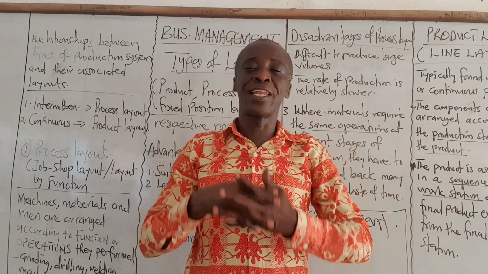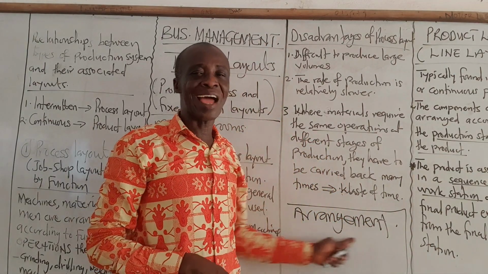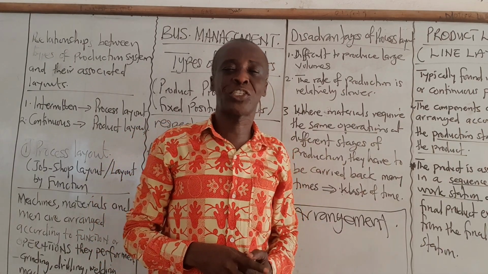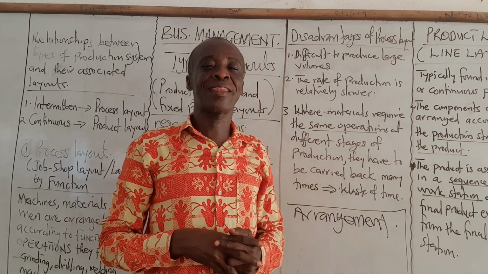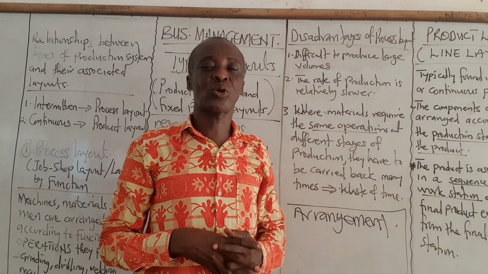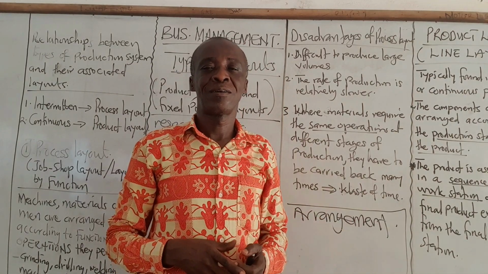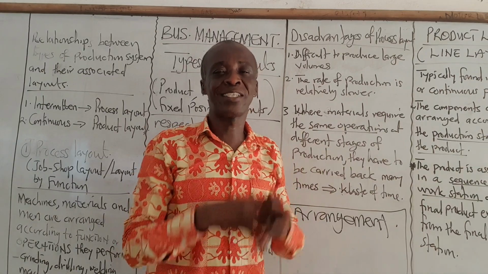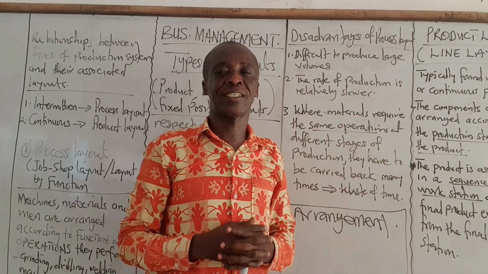We know when we say layout, we are looking at arrangement. How are the machines arranged? How are the men, that is human resource, that's labor, arranged? The materials, so that work can flow sequentially for efficiency.